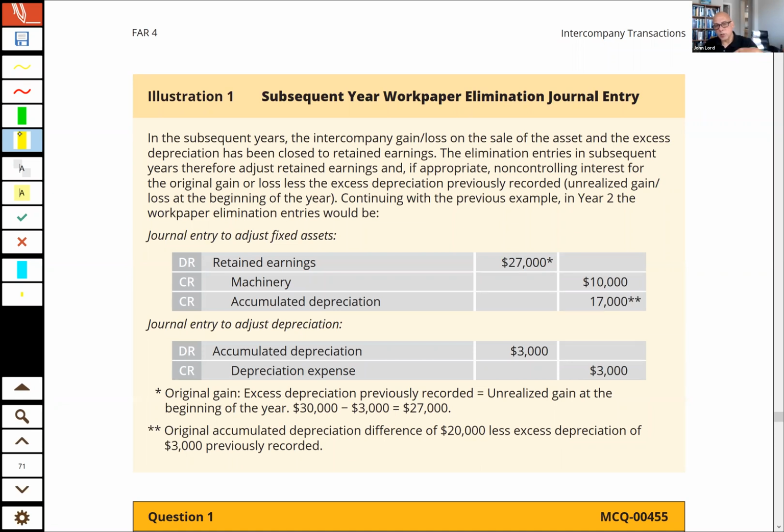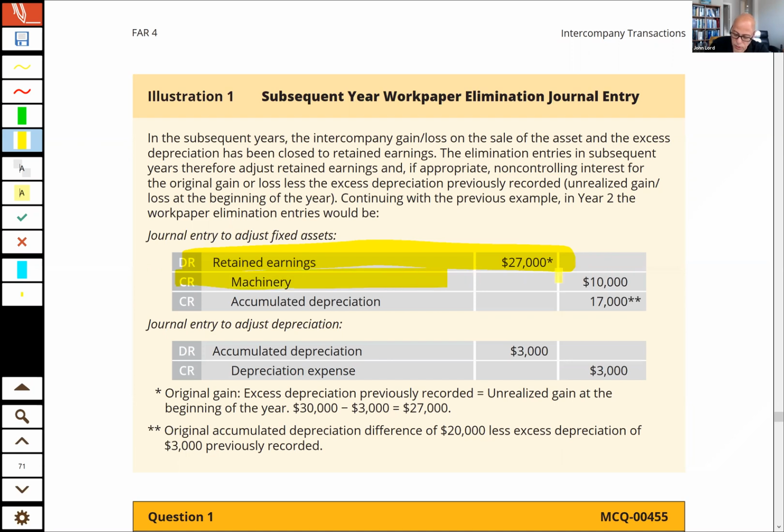And so the purchaser's retained earnings is not 30,000 too much because of the intercompany gain, but it is now 27,000 too much because we're going to take out the extra depreciation anyway. So the adjustment is not the full 30,000 for that gain. It's now 27,000, because we already have the extra depreciation in the purchaser's books.